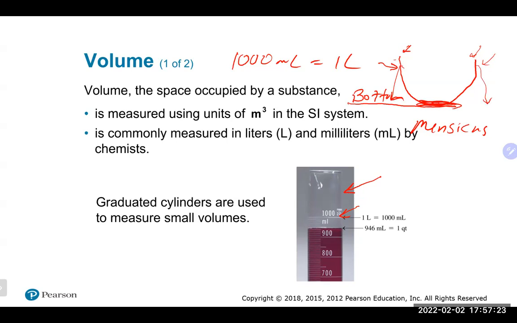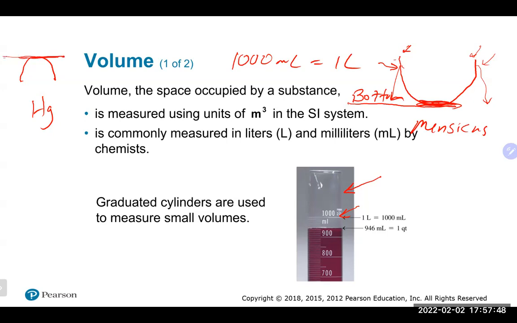Most of the time, probably 99.9% of the time, a meniscus looks like a U. It can go the opposite way. A very common example is mercury, which goes the opposite way because mercury is much more attracted to itself than to the glass container, so it comes in on itself. With mercury we would read from the top of the meniscus.